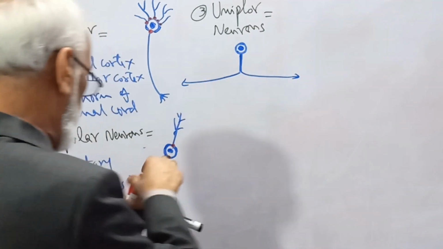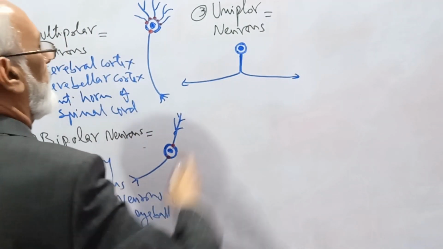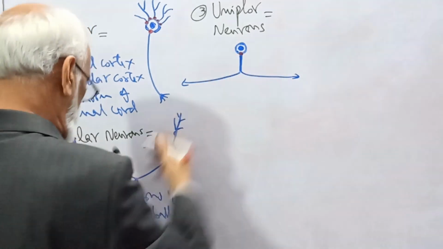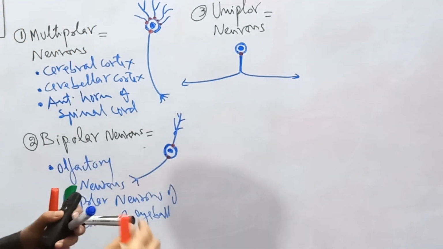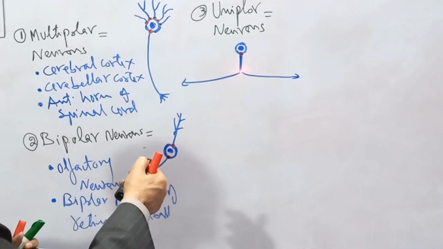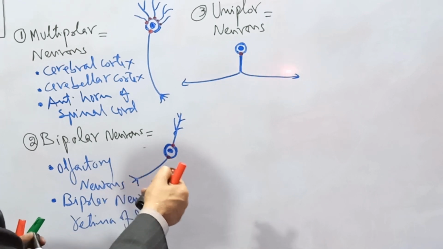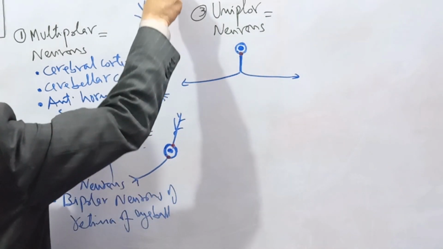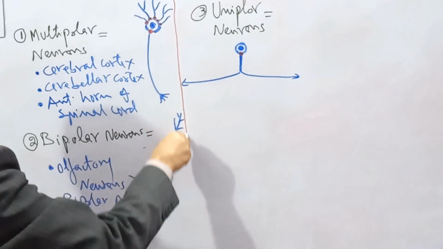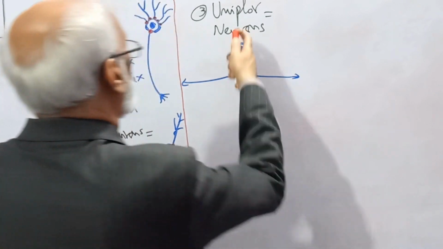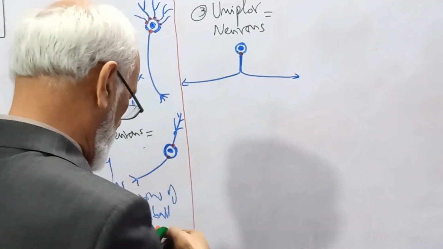You can see from the cell body there is only one point from which a process arises, a common stem, which after a short distance bifurcates into a peripheral process and a central process. Such neurons are known as unipolar neurons.